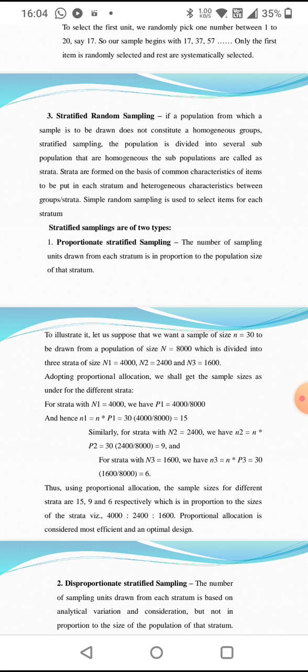Since each stratum is more homogeneous than the total population, we are able to get more precise estimates for each stratum by estimating more accurately each of the component parts, and we get a better estimate of the whole. In brief, stratified sampling results in more reliable and detailed information.